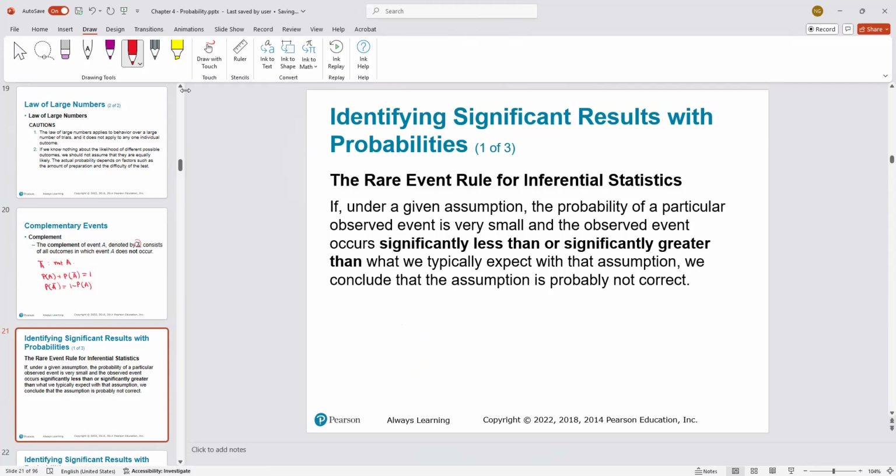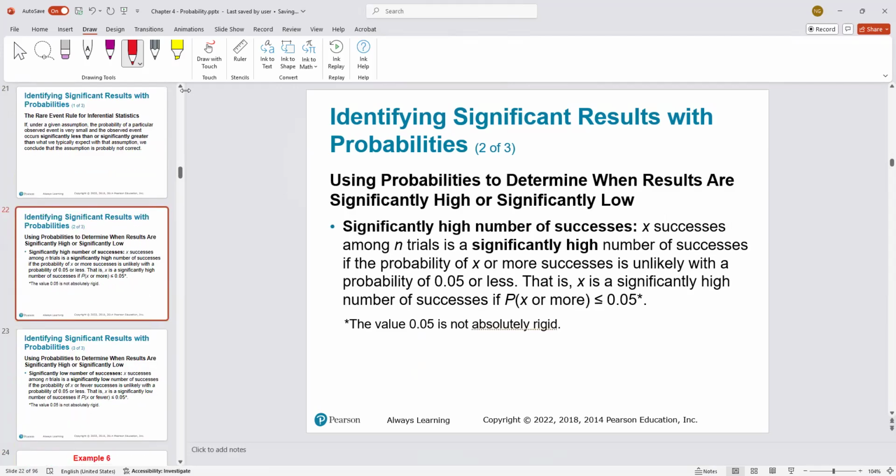So you can use probabilities to identify values that are significantly low or significantly high. Significantly high numbers of successes, we can use that.